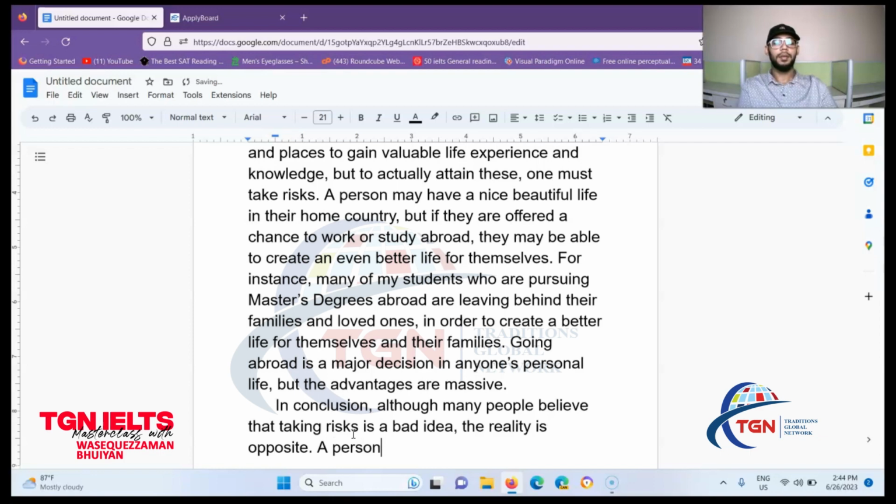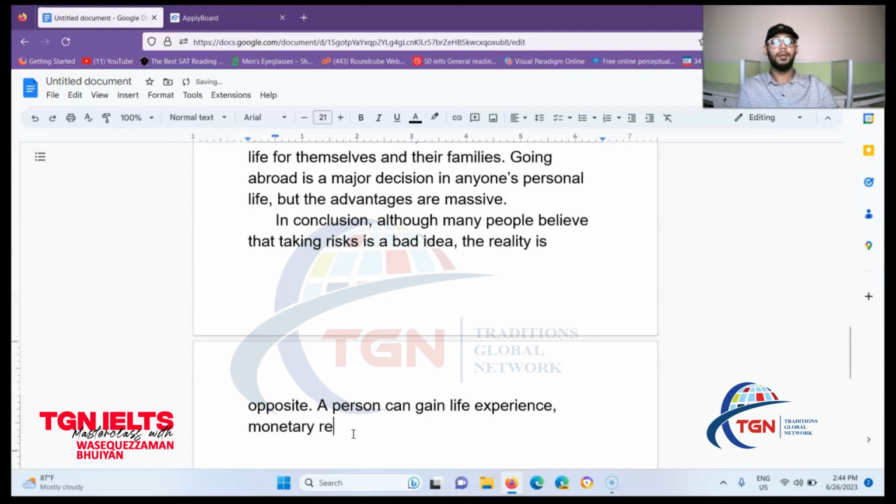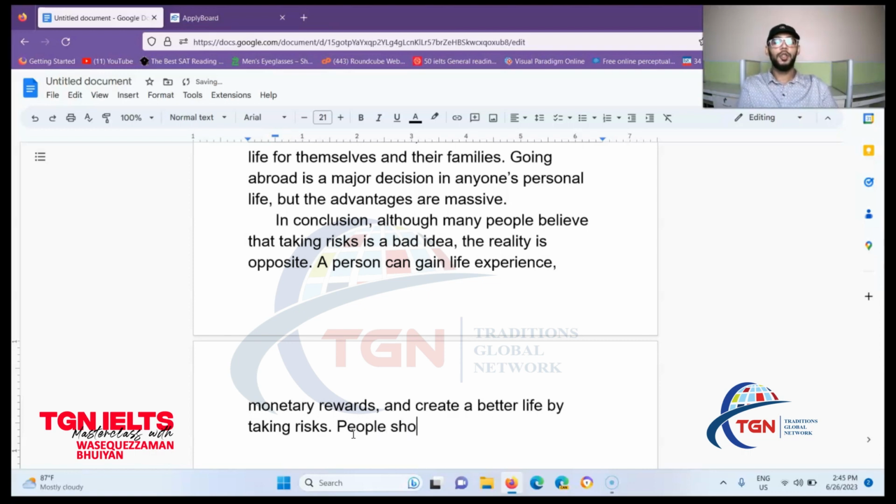A person can gain life experience, monetary rewards, and create a better life by taking risks. People should step out of their comfort zone to gain the true experience of life.